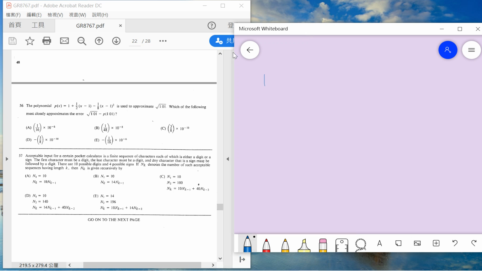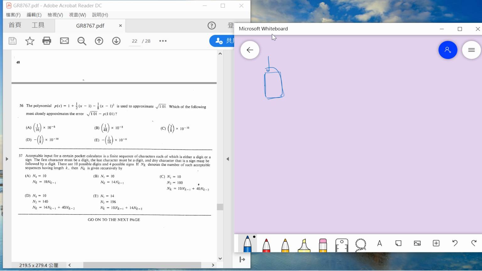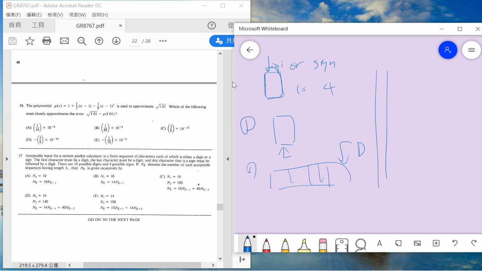So we have a digit or a sign. The rule is the first one needs to be a digit and the last one must be a digit. There are 10 digits and 4 signs. And it asks about the number of acceptable sequences of length k, and what is nk.